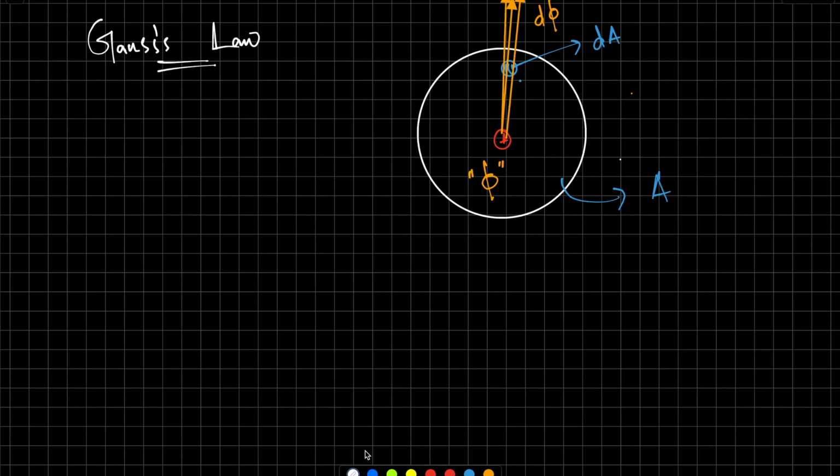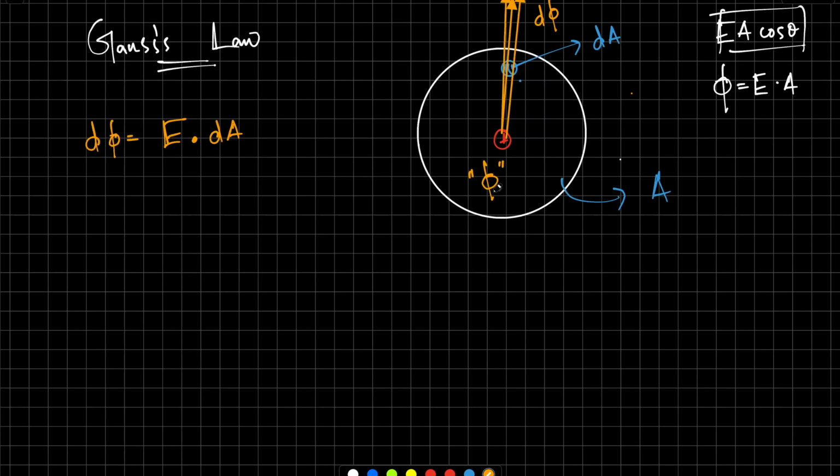So the equation for electric flux is phi equals E dot A, EA cos theta, where E is the electric field, A is the area, and theta is the angle between electric field and area vector. So the small electric flux d phi is equal to electric field created by this charge, E dot area of the hole, dA.